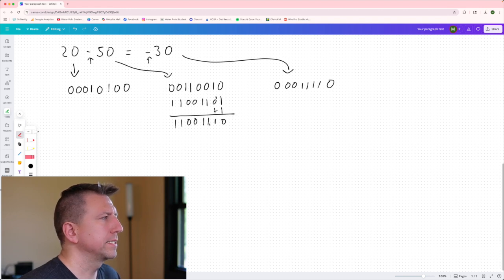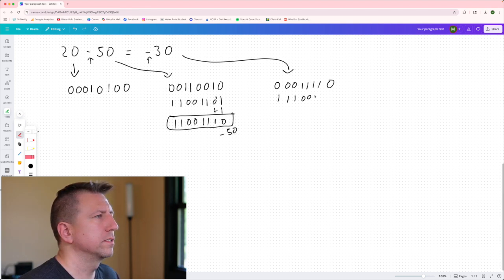So this number represents minus 50. And now we'll do it over here. So 1, 1, 1, 0, 0, 0, 0, 1, add 1. And we get 1, 1, 1, 0, 0, 0, 1, 0. And this number here represents minus 30.